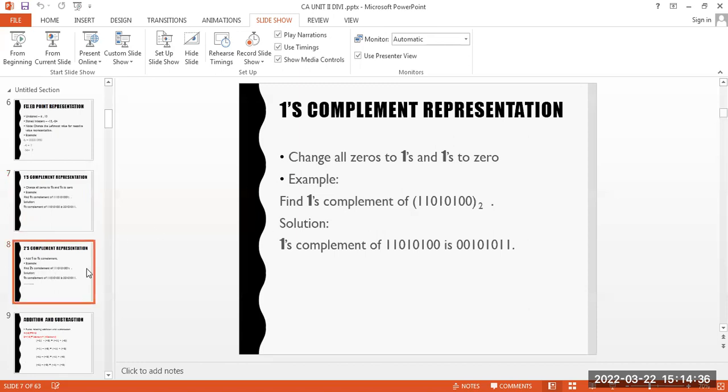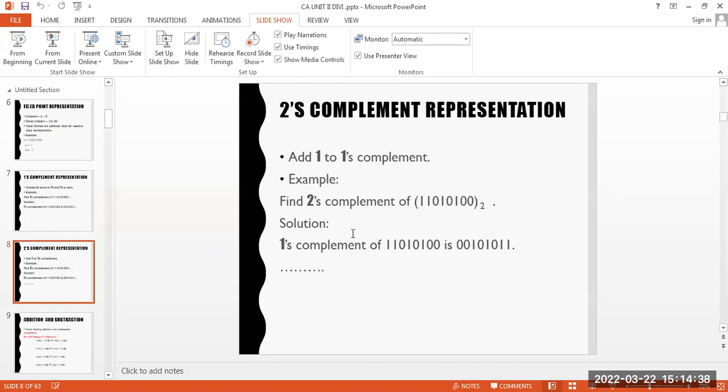For two's complement, first we calculate the ones complement, and then we add 1 to the ones complement value. That is the two's complement.